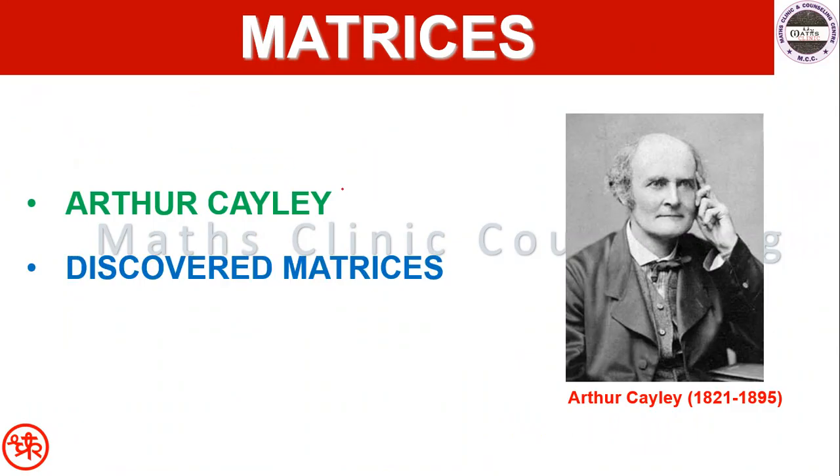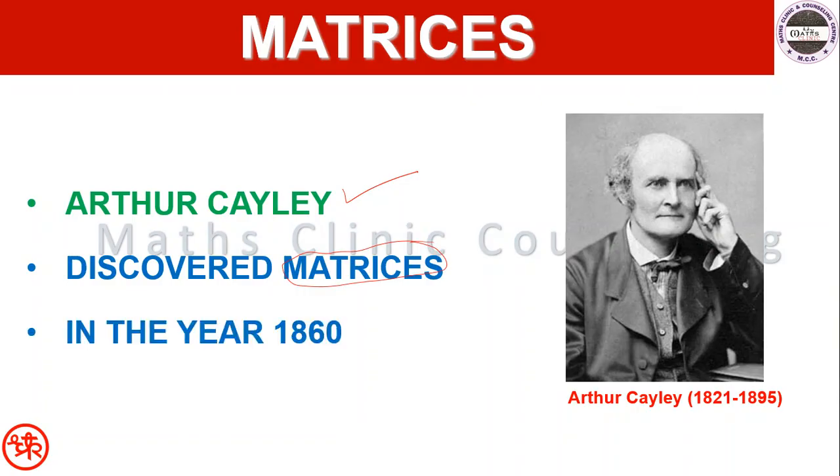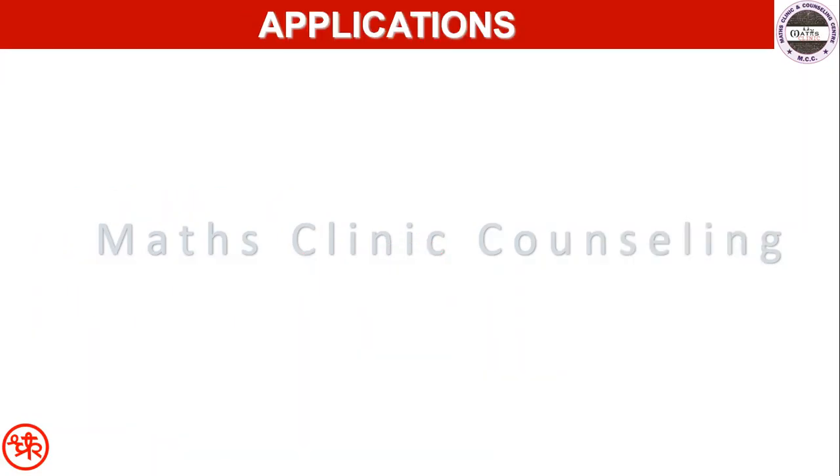And look here, matrices were discovered in the year 1860. That means 140 years plus 25 means 165 years back. Is that clear? So matrices were discovered by Arthur Cayley.